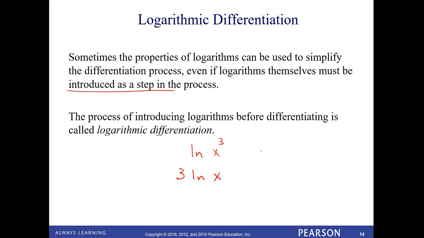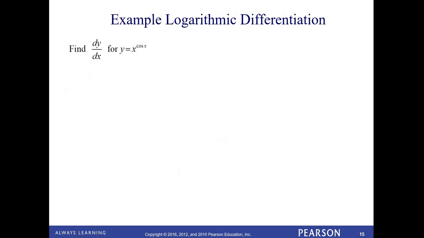We are going to use this when we have a variable in the base and the power, because that allows us to take a variable that's up here that's very difficult to differentiate and bring it down in the front to use a simple product rule. So let's take a look. So I've got a variable in the base and a variable in the power. So I'm going to introduce logs to differentiate.